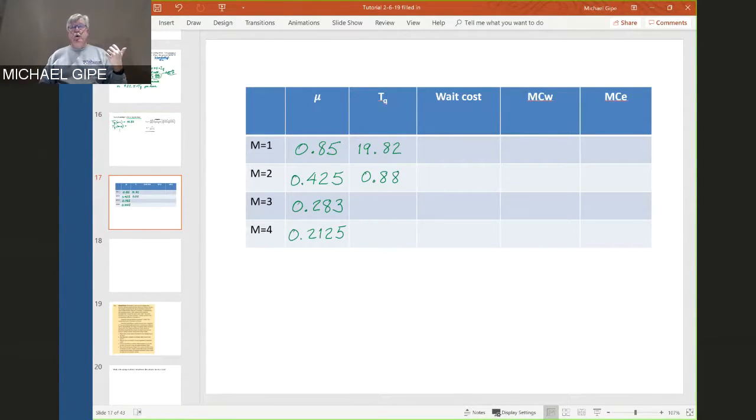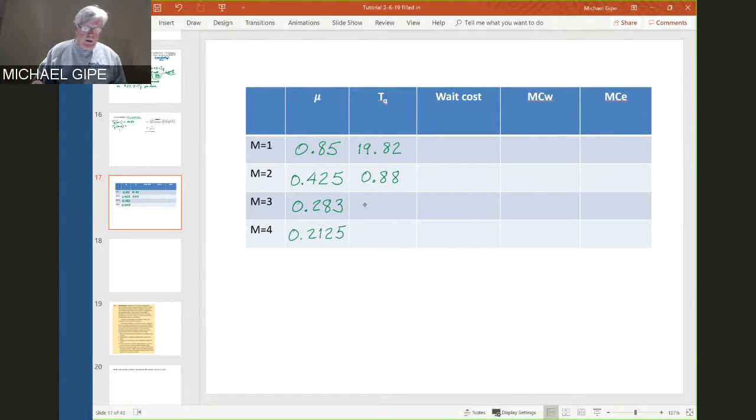Remember when we dropped out 10% of the customers, we cut that queue time almost in half just by cutting the customers by 10%. Clearly, this is not a linear function. Here, when we double the number of resources, bringing the utilization way down in half, we cut the queue time by a factor of almost 20, by 1/20th. Huge.